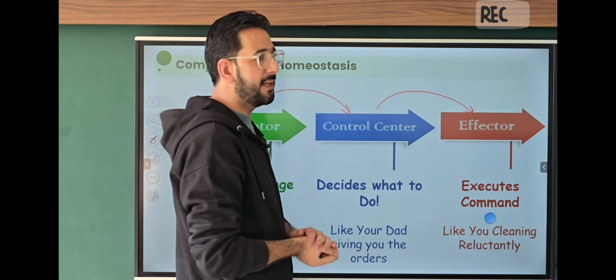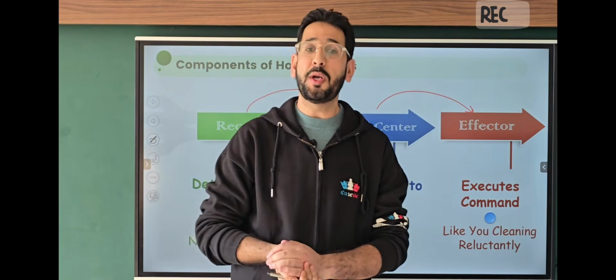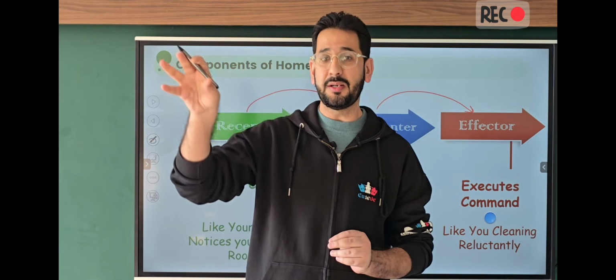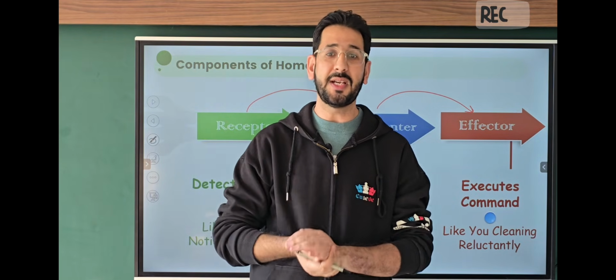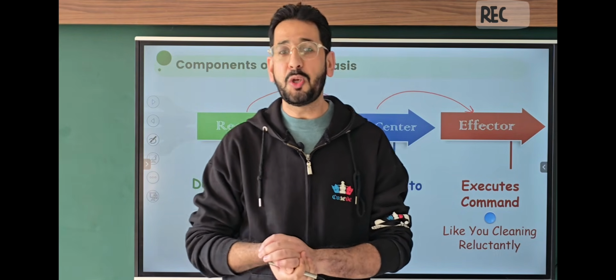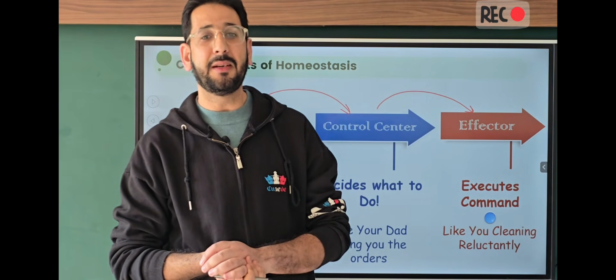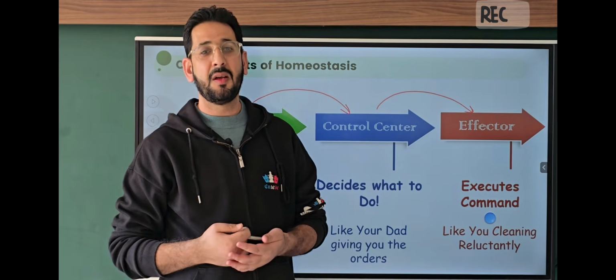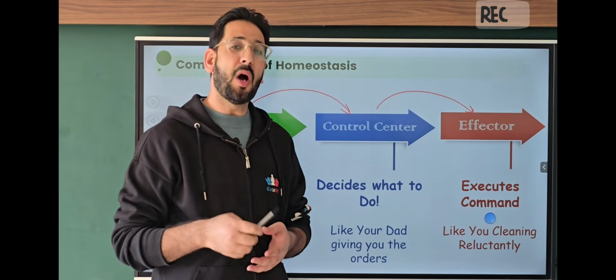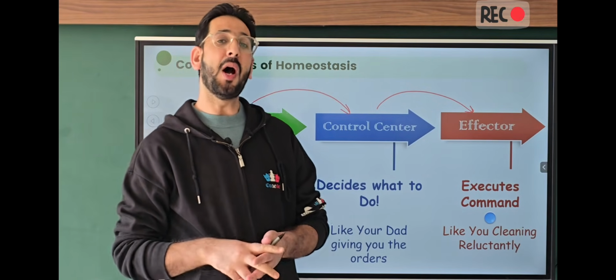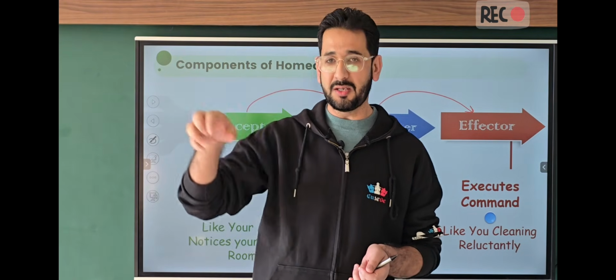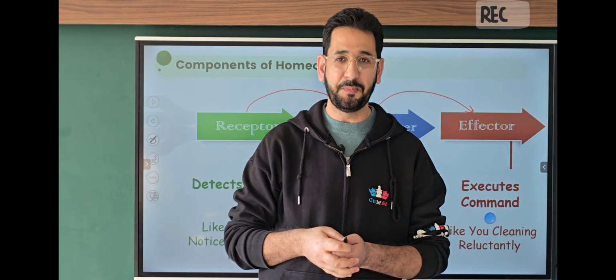And the effector is going to execute the command that is coming from the control center. So in this example, you are going to be the effector and you are going to execute the command that your father has given you. Okay.